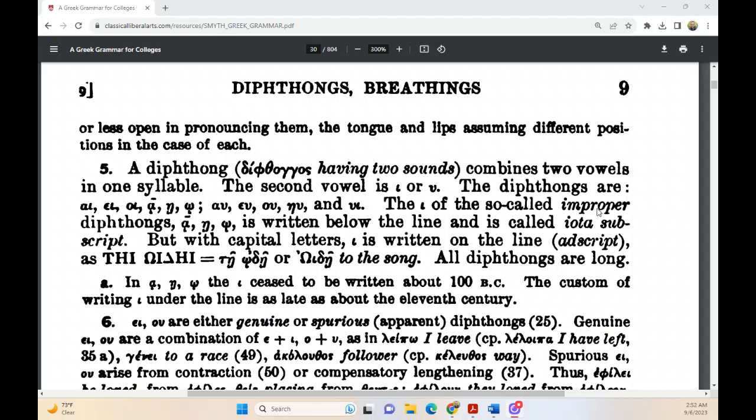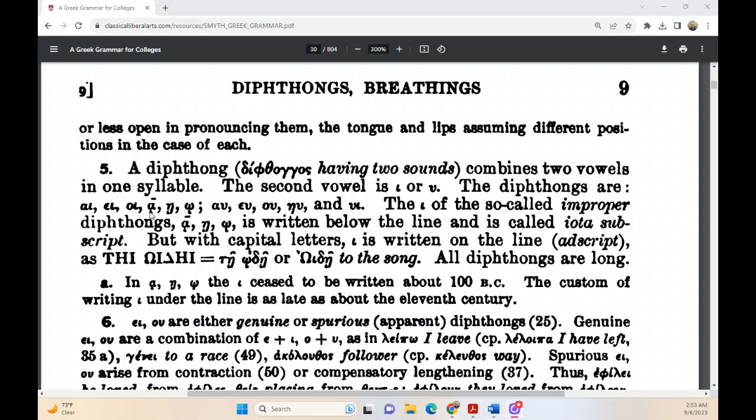Now you have a note here that explains what those little iotas are under these vowels. That iota written small and underneath the vowel, you can see here, is called iota subscript, and subscript just means written under. So iota subscript is that little iota written under that vowel.